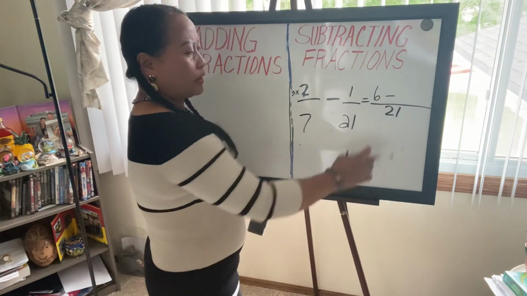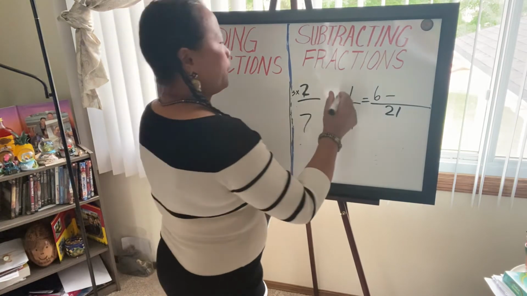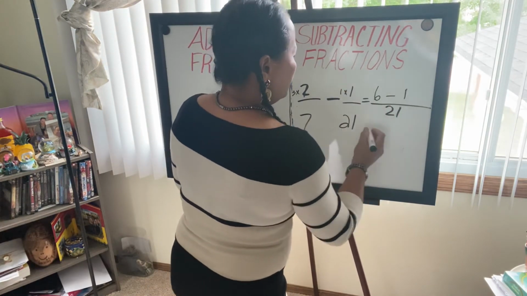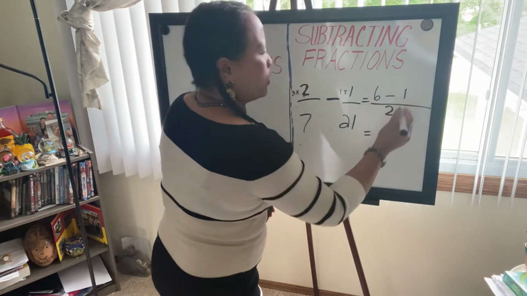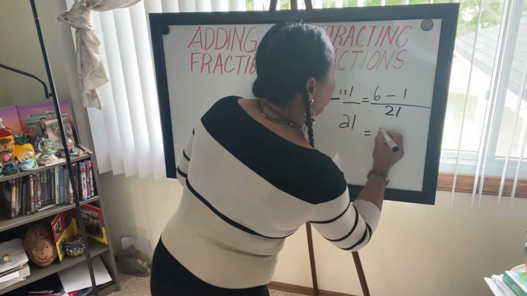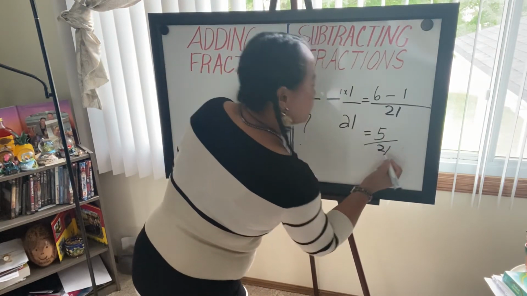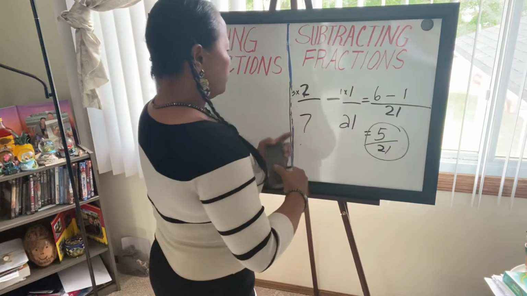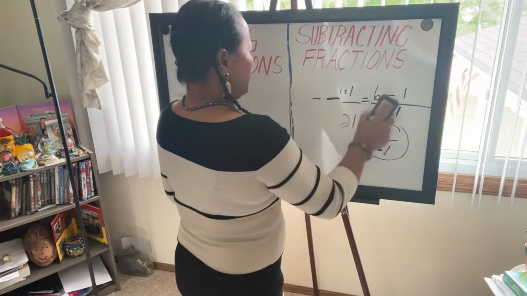Minus 21 by 21 equals 1. 1 times 1 equals 1. So now the answer here is 6 minus 1 equals 5 over 21. So this is our final answer. Okay?